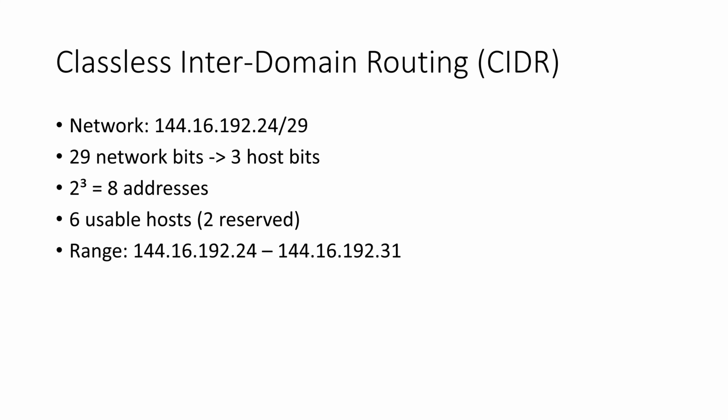So this range covers 144.16.192.24 to .31, and this is how CIDR gives us the flexibility to create networks of exactly the size we need, whether it's for a handful of devices or thousands.